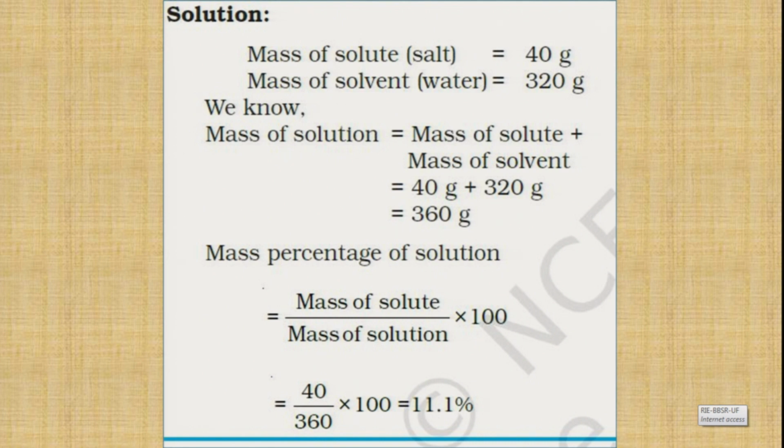Mass percentage of a solution can be expressed as mass of solute divided by mass of solution multiplied by 100. Substituting the values, 40 divided by 360 multiplied by 100 gives us 11.1%. So the answer will be, the concentration of solution is 11.1%. I think it's clear to all of you.